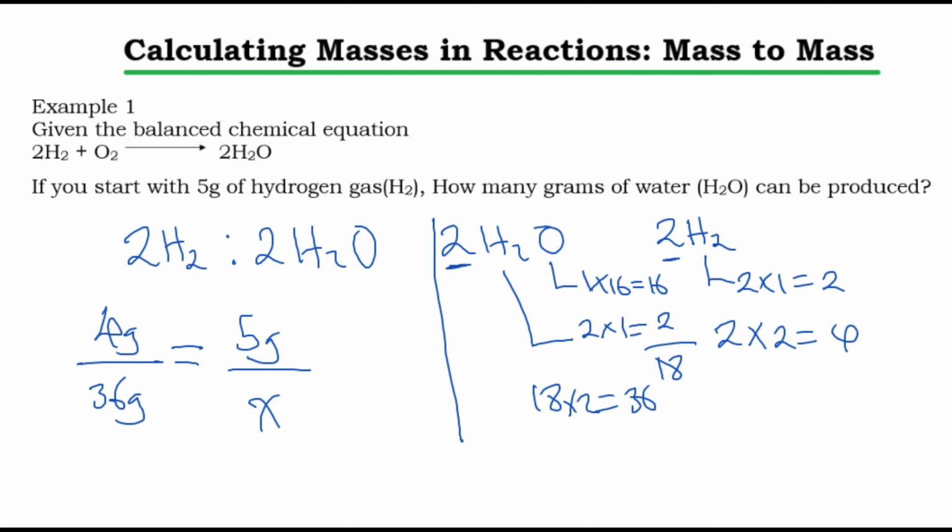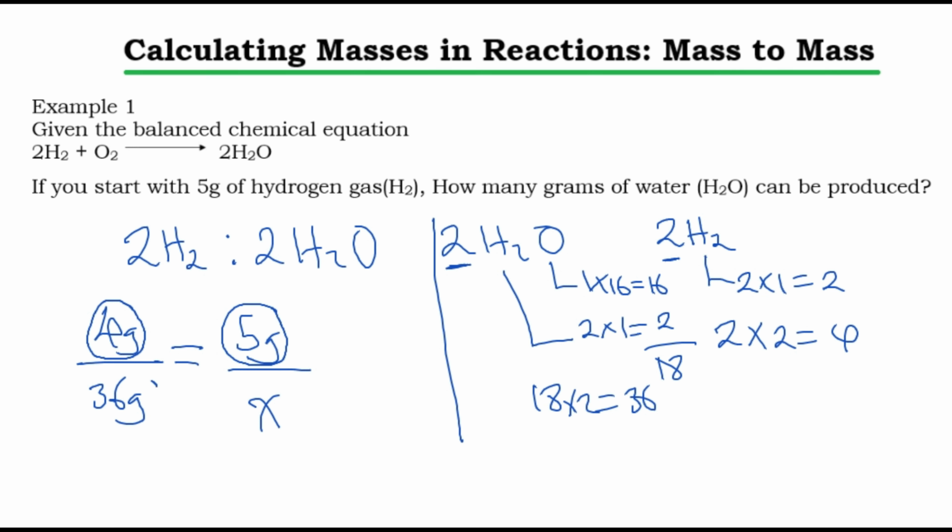So does it matter which one is on top and which one is at the bottom? It really doesn't matter. What's important is that the masses are in the same relative positions. So what this means is that if I write the mass of hydrogen here, 4 grams, as a numerator on the left side, the mass that I will write as a numerator on the right side should also belong to hydrogen.